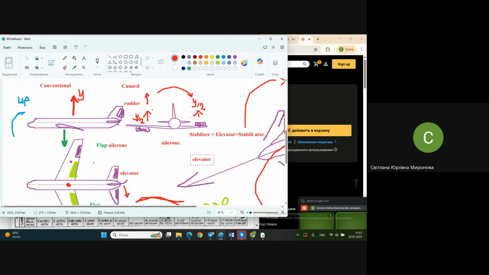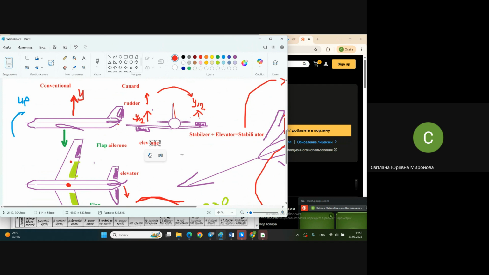Elevon, look, like this. But the piece of the word elevator we will delete. This one we delete. This one we delete. And altogether we have the word elevon. Elevon is a combination of functions in one surface, elevator and aileron.